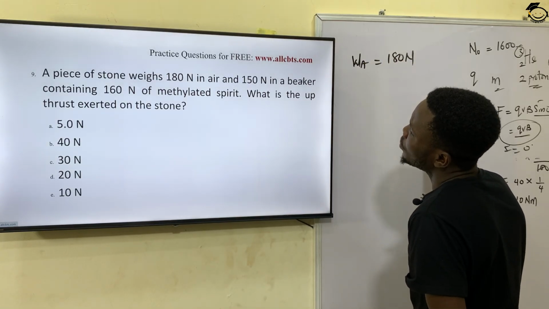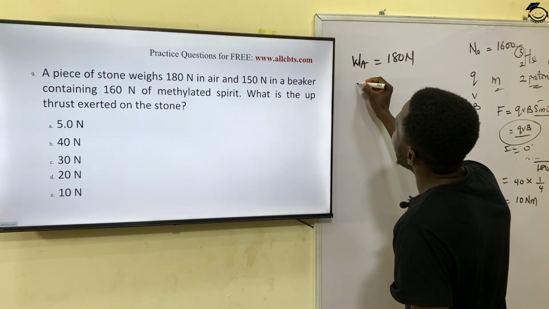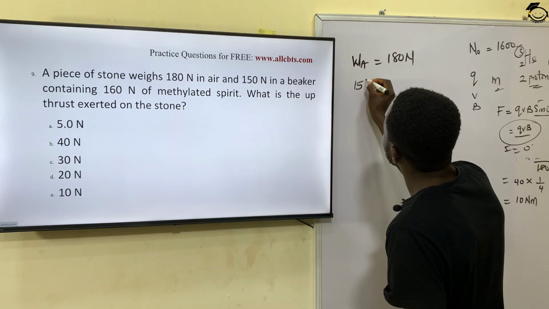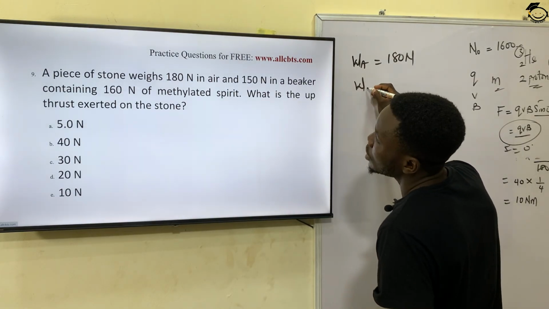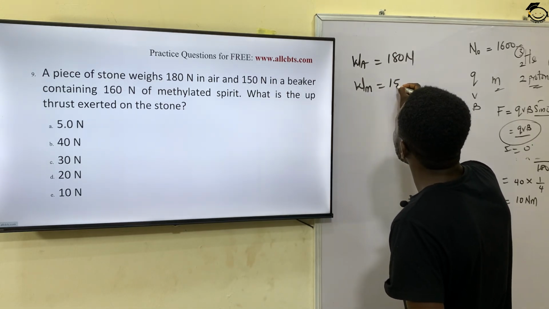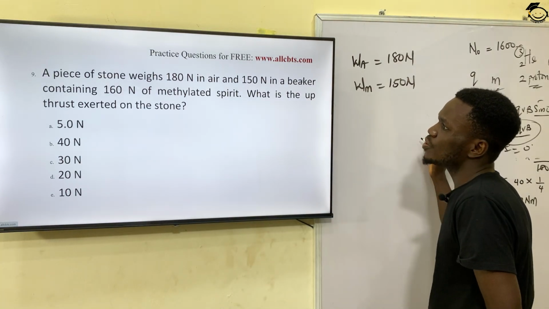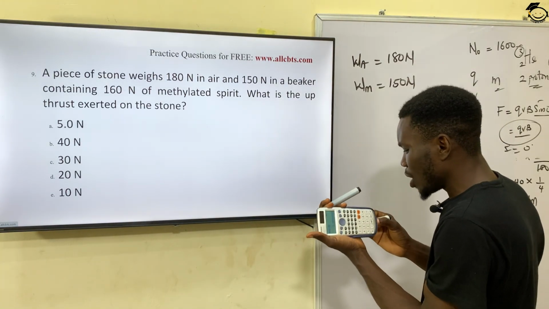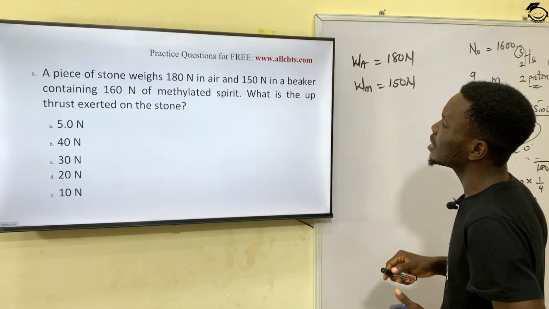And 150 Newton in methylated spirit, in a beaker containing 160 Newton of methylated spirit. So the beaker is containing 160 Newton of methylated spirit.